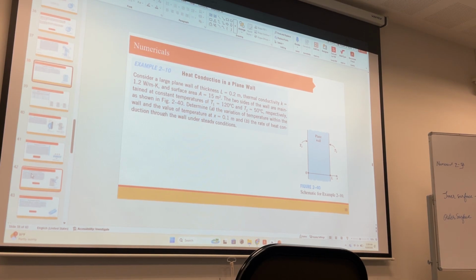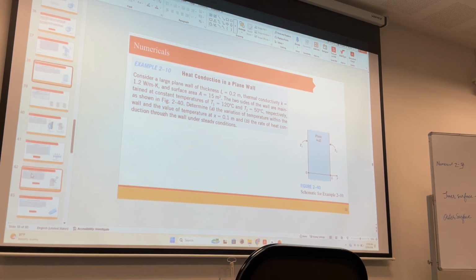At T1 and T2, right? The coordinates are x equals 0 and x equals L. At x equals 0, temperature T1 is given, at x equals L, the temperature T2 is given. So this is the specified temperature boundary condition.